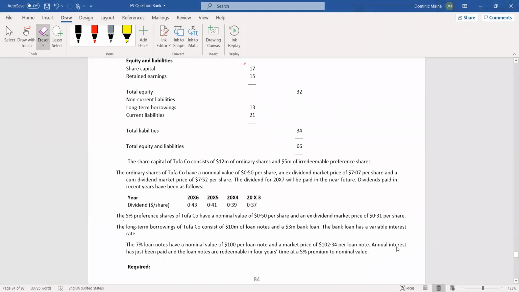The nominal value for the note is 10 million, market value is 102, nominal value is 100, plus 10%. They can be redeemed in 4 years' time at 5% premium to their nominal value. I think we have all the variables we need.